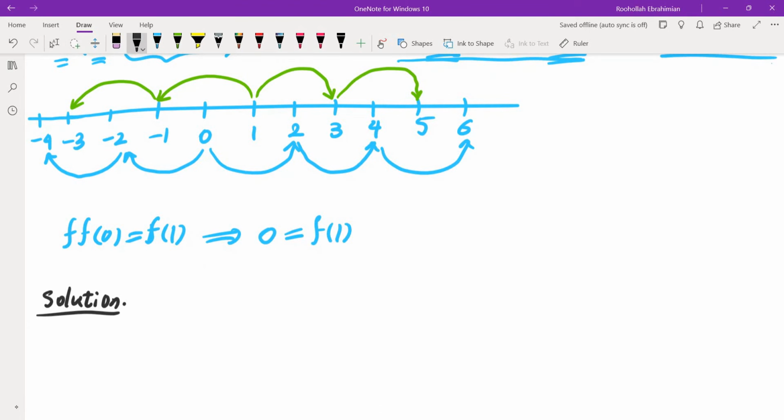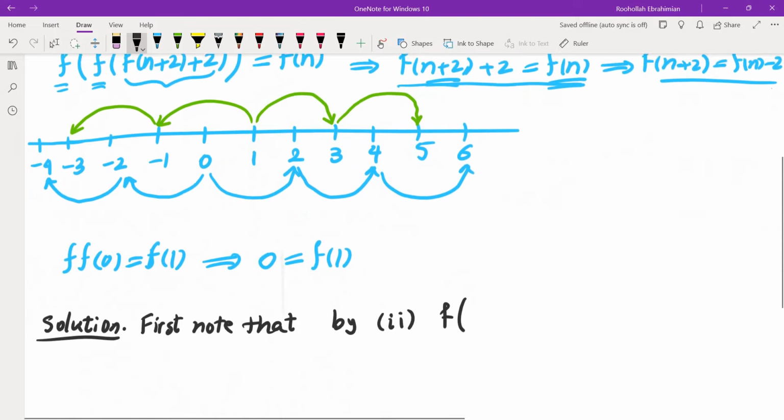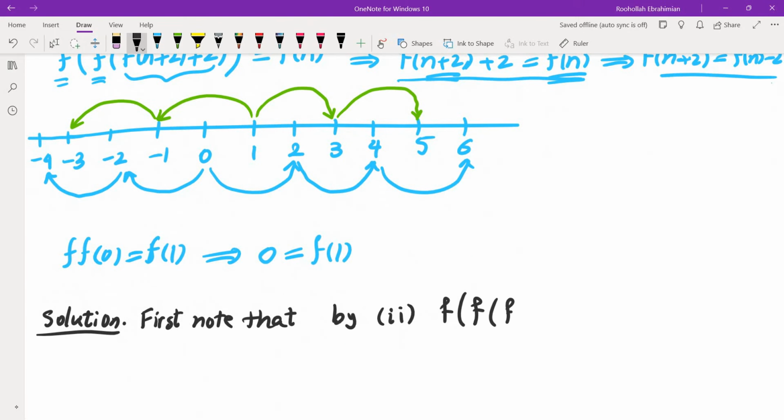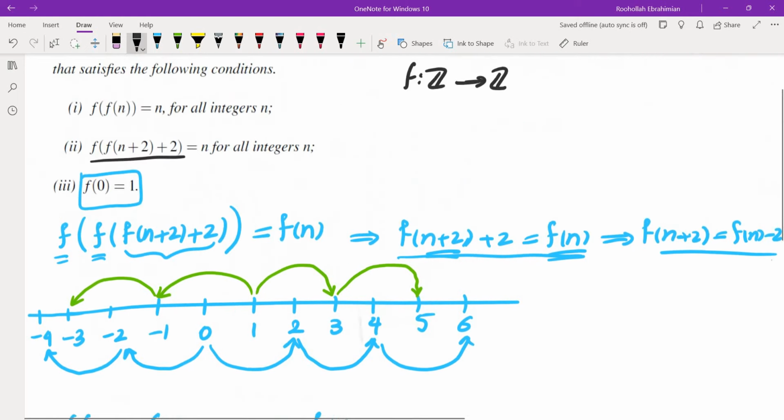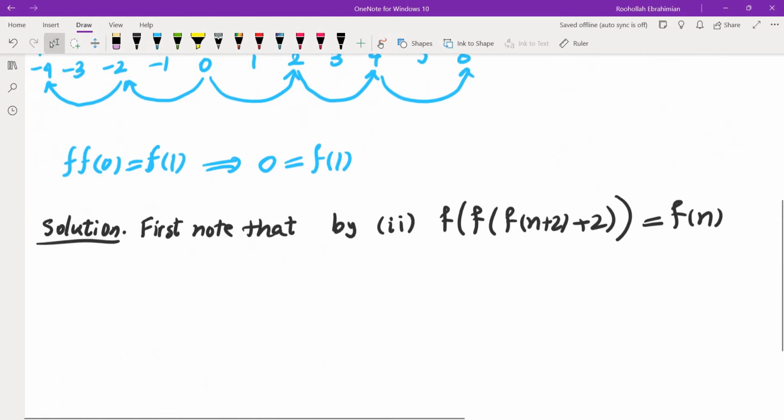So first note that by 2, if you take f from the second one, f of n plus 2 is going to be f of n by the second one.